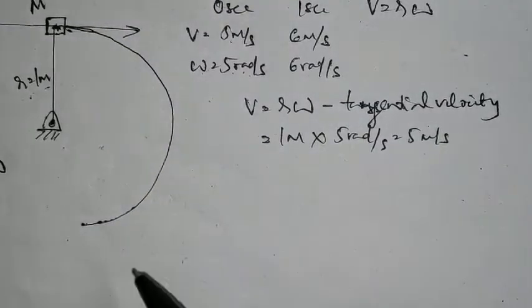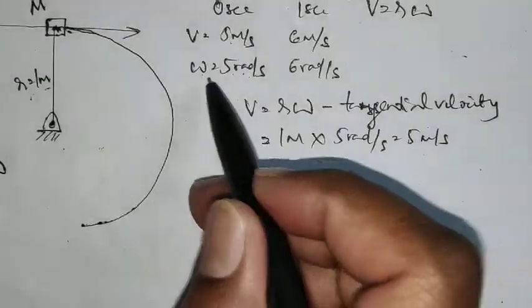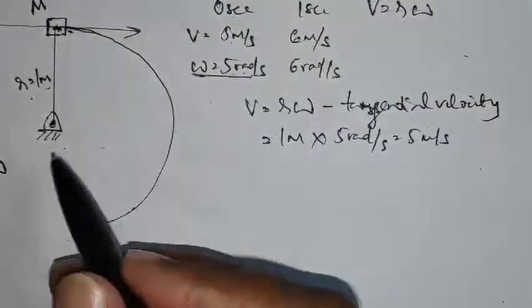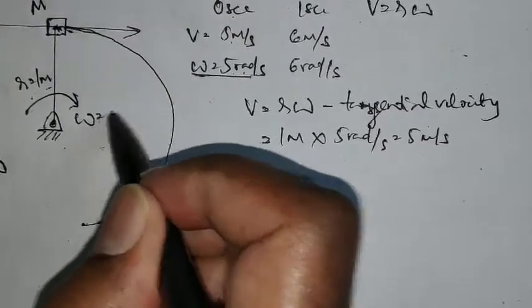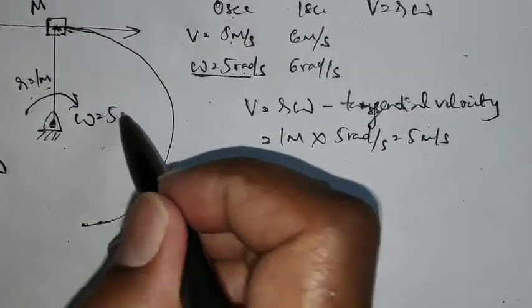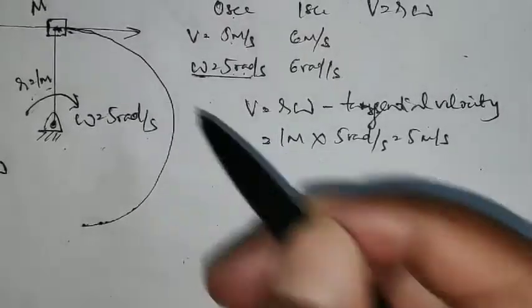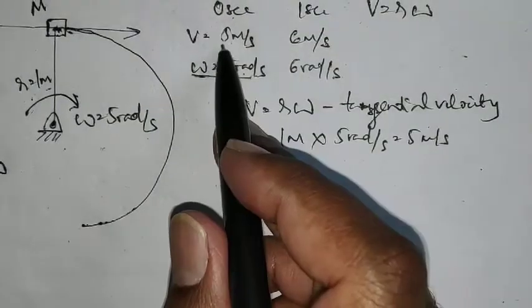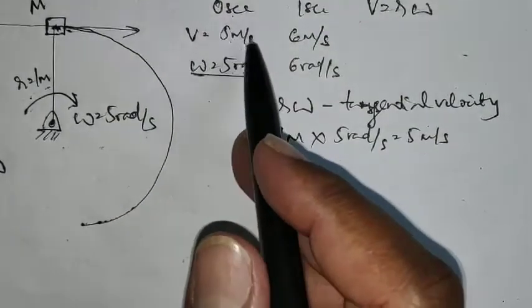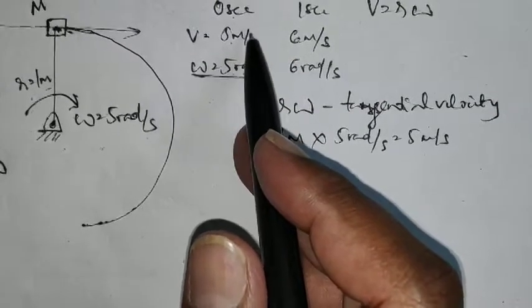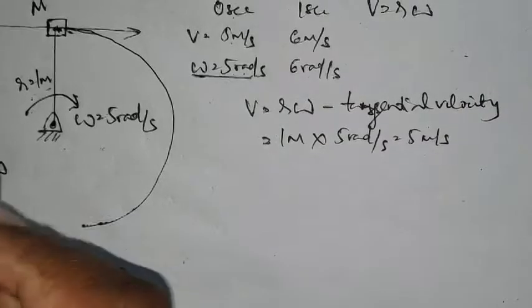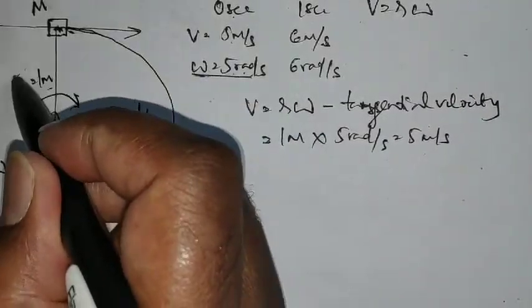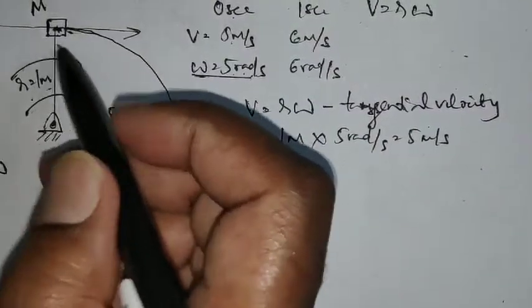That acceleration is called the angular acceleration. So at this instant of 0 second, it has an angular velocity omega of 5 radian per second, and also at this instant it has the tendency to increase its angular velocity by 1 radian per second every second. So that is 1 radian per second square. So it also has an angular acceleration.